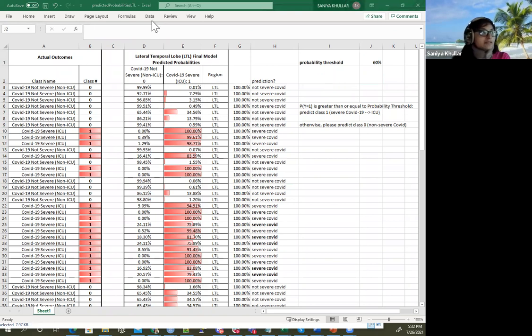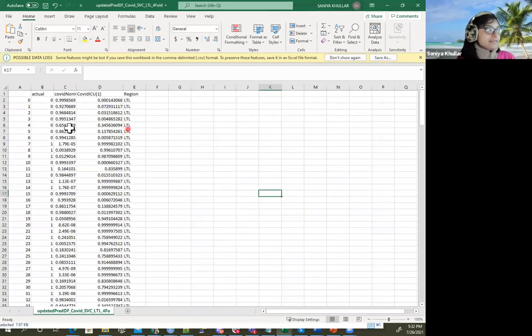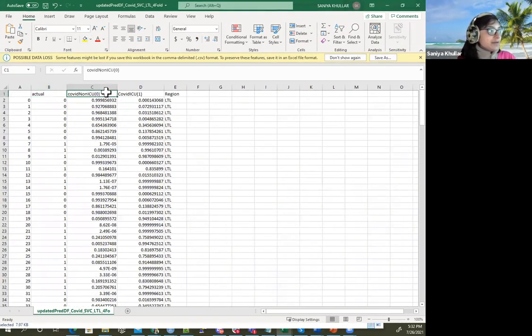Based on this idea, what I did is I took this and put it into a neater format that is needed by the code, which is just for the lateral temporal lobe, also called the LTL. I have the actual outcome. I have COVID non-ICU, which is class 0. I have COVID ICU, which is class 1, and I have the region here. That's what this information is.